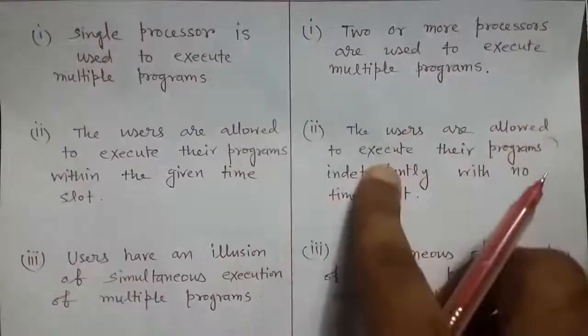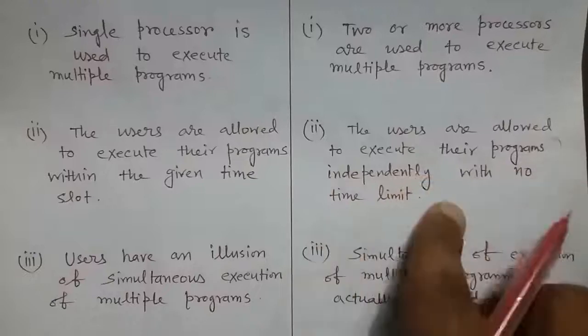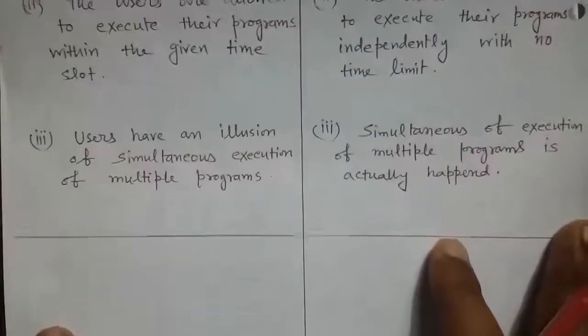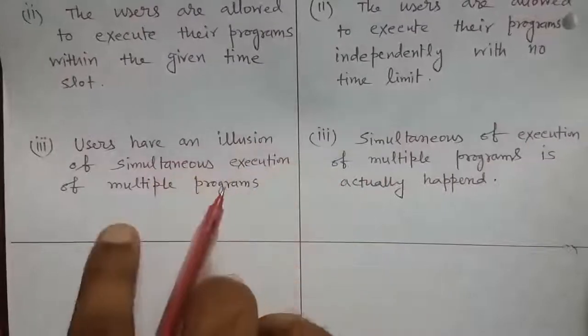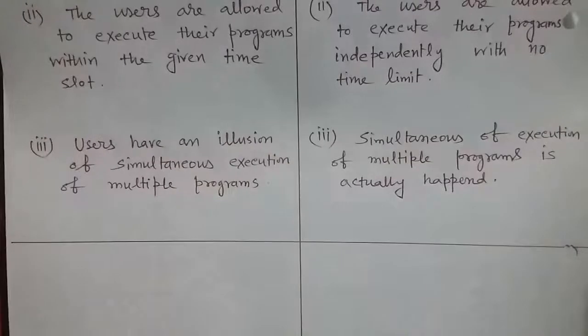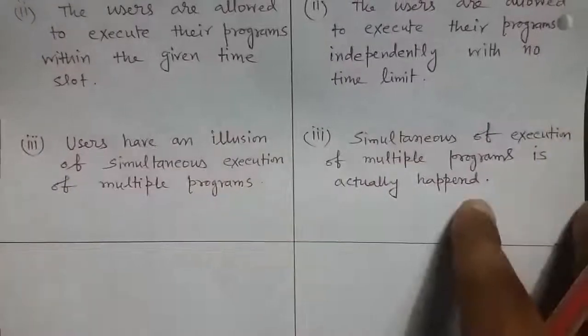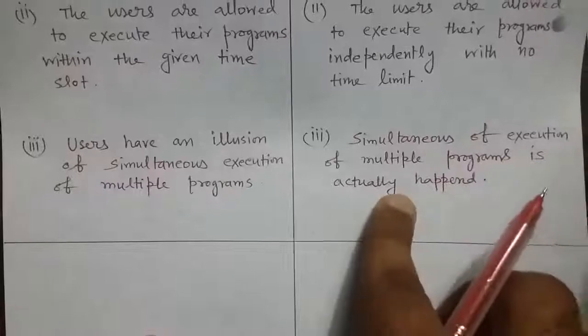That's why the users are allowed to execute their programs independently with no time limit. Next one is users have an illusion of simultaneous execution of multiple programs in case of multiprogramming. But here simultaneous execution of multiple programs actually happens.